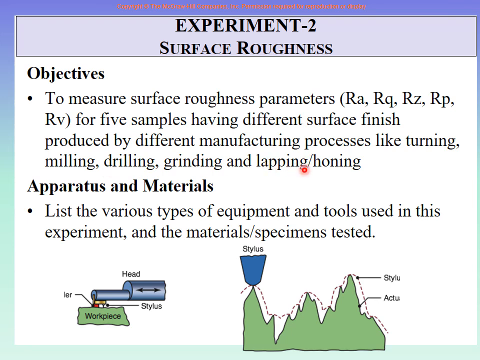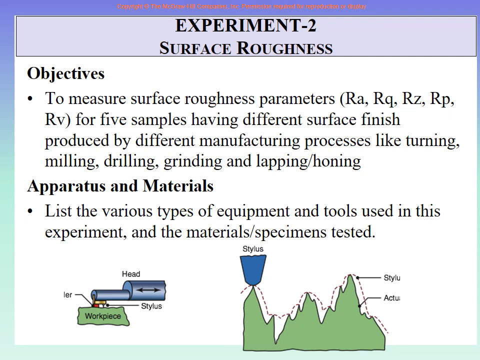So if you were doing the actual experiment, then we had taken certain metal alloy pieces and we had prepared their surface by general turning, by milling, by drilling, by grinding and by lapping honing. So different types of surface roughnesses or surface finish are there because of these different machining operations, and then you study them, right?